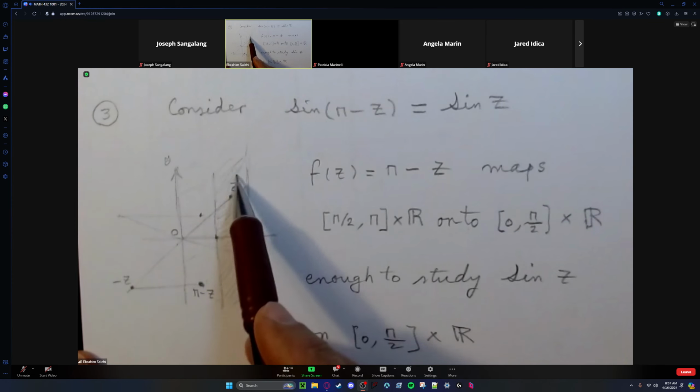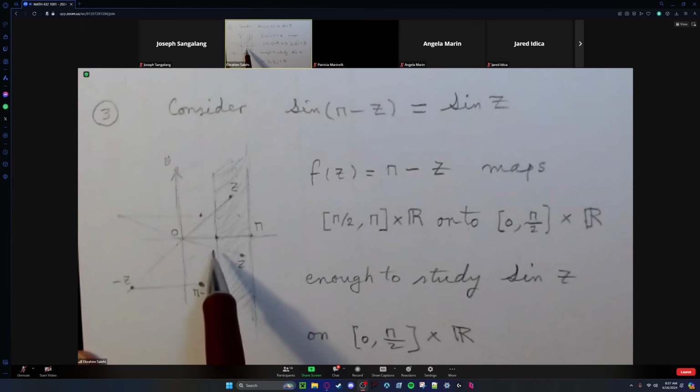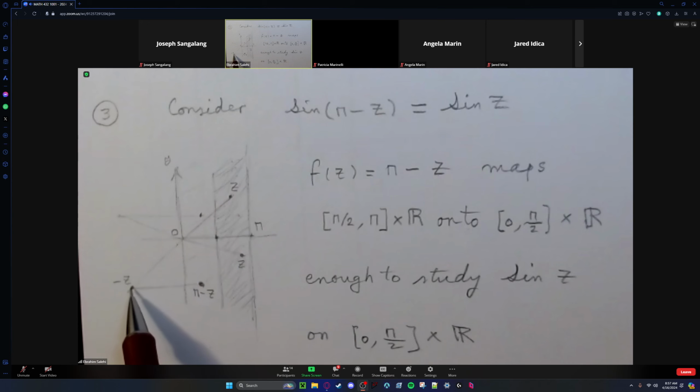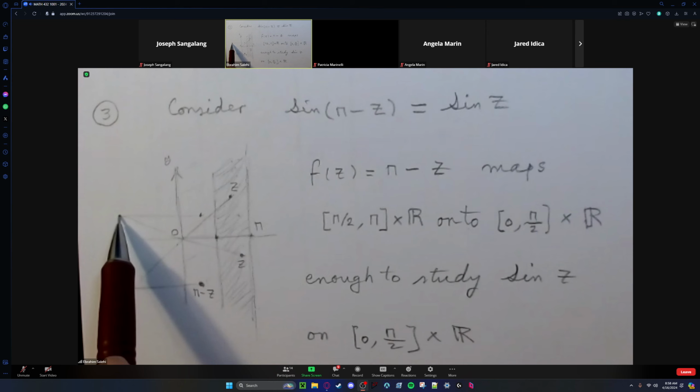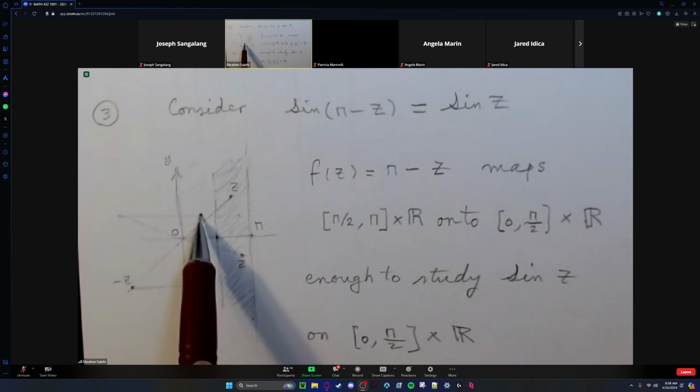If you choose z in this shaded area, negative z is here, and if you add pi, it comes here. Or if you choose z here, negative z is there, and adding pi brings it here.